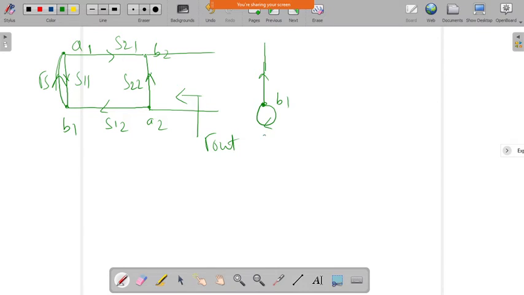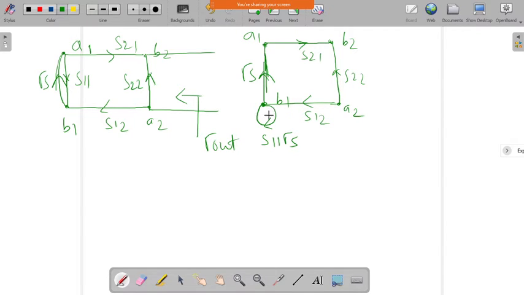So that is S11 gamma S. Here is A1, and we retain the gamma S. And we have S21 and B2, and here S12, and we have S22.